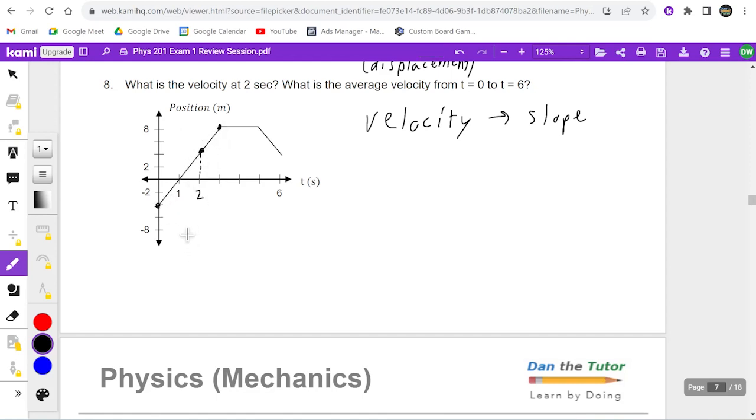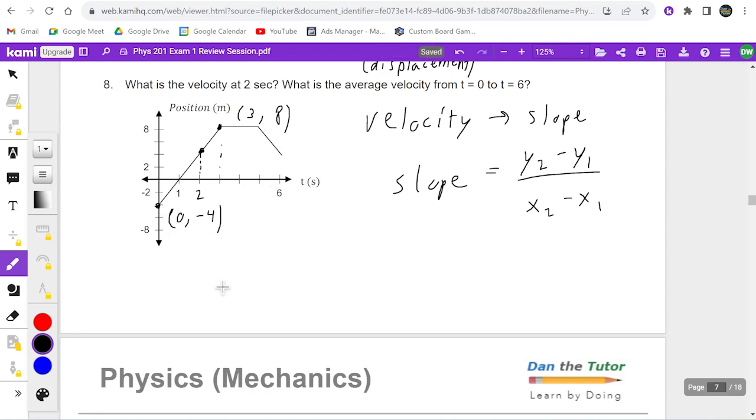And to find the slope, I use the equation slope equals y2 minus y1 over x2 minus x1. So I got to pick my 2 points. The first point's 0, negative 4, if I follow my y-axis. And the second point up here is, I guess that's 3. So 3, positive 8. So I got my 2 points.